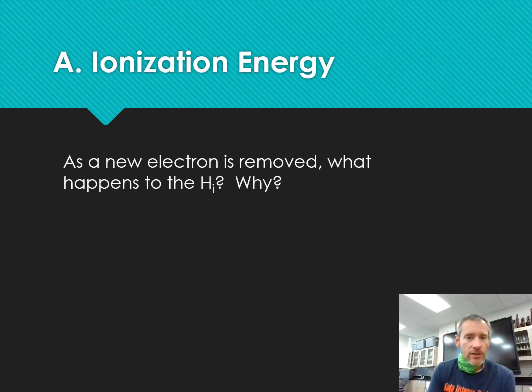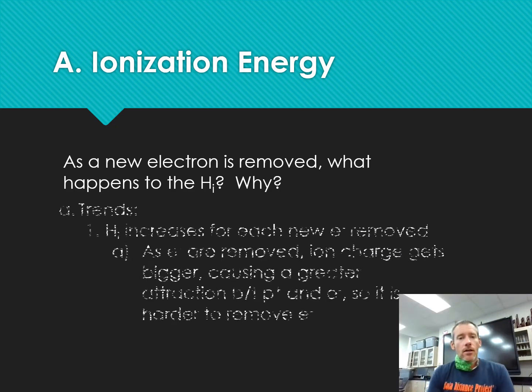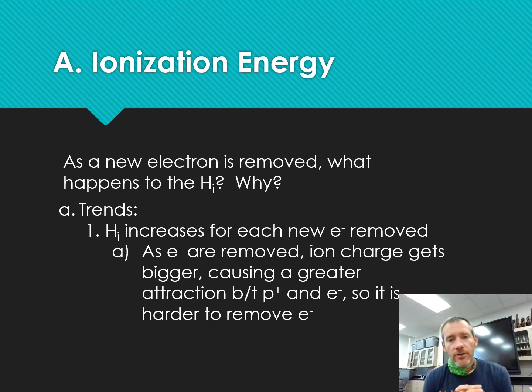So as a new electron is removed, what happens to ionization energy? Ionization energy is going to increase no matter what. As you remove more and more electrons from that atom, it gets harder and harder to remove another electron from its ion, because the proton attractive force in the nucleus is getting greater and greater.